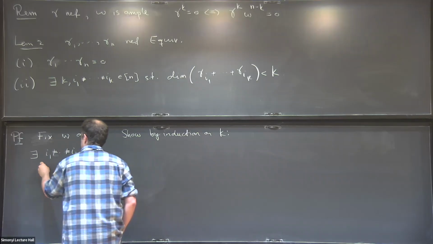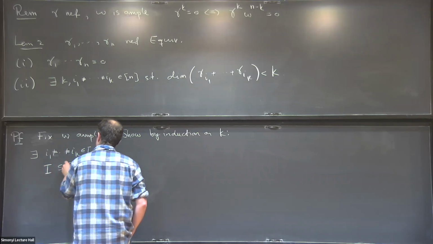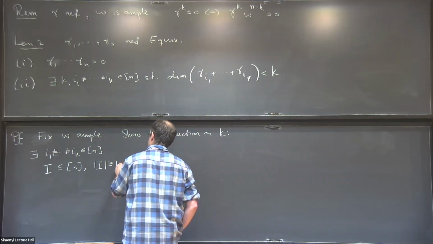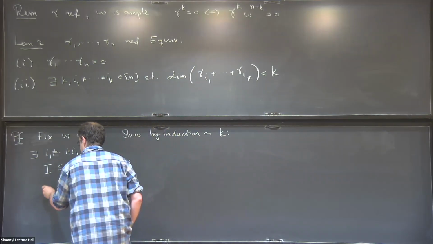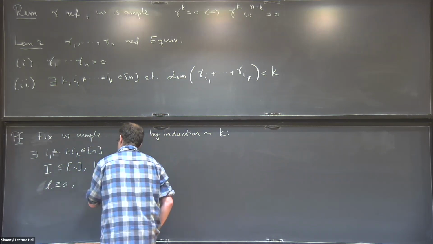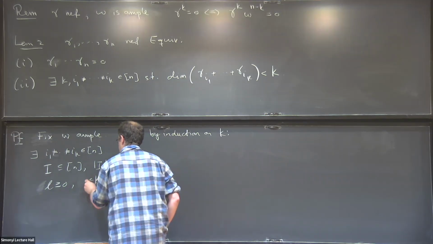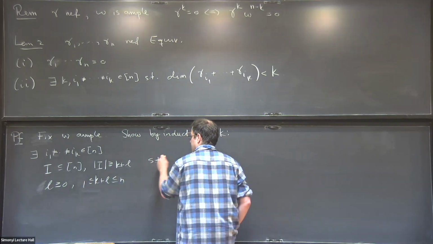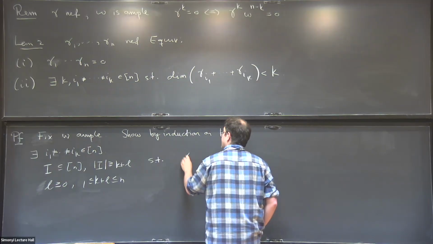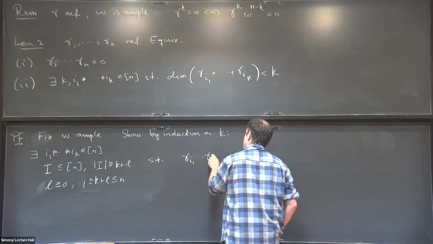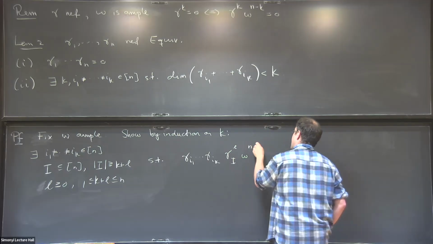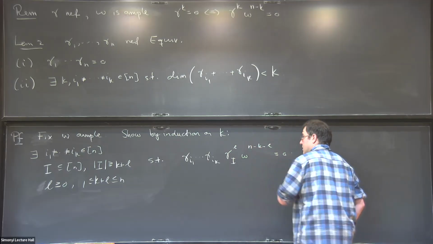indices from 1 to n, some set I, a subset of 1 to n of size greater or equal K plus L, and some L greater or equal 0, if K plus L is less or equal n and greater than 1, such that if I take gamma I1, through gamma IK, gamma I to the L, omega to the n minus K minus L equals 0.